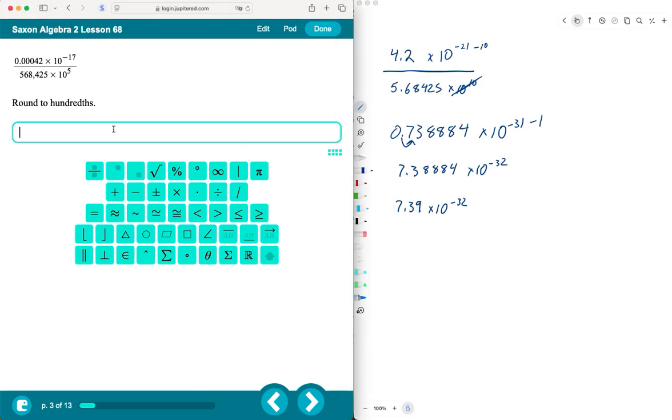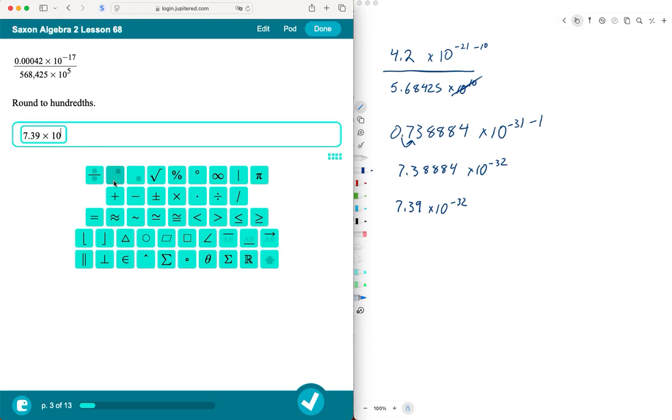Let's double check. 7.39 times 10 to the negative 32. That's correct. Okay, so I figured out what it was asking for. So do the whole problem with all of the numbers until you get to the very end and then round it. So that's what we're going to do from now on, okay?